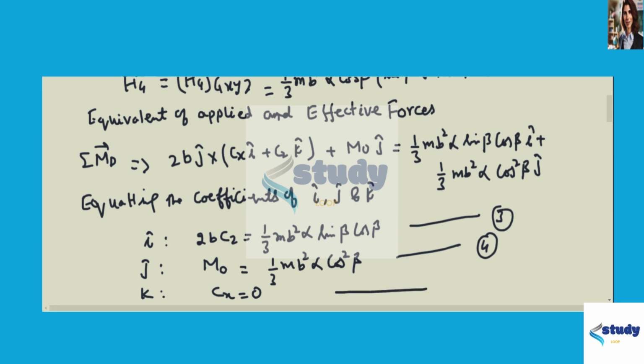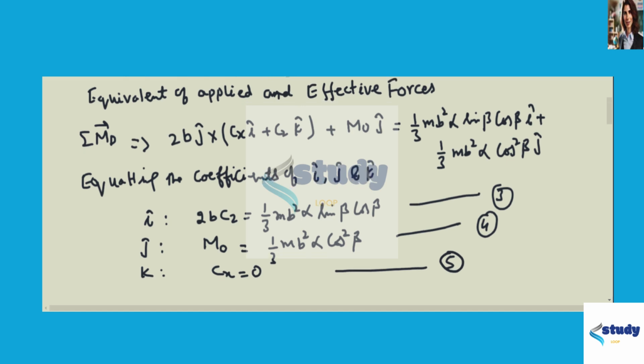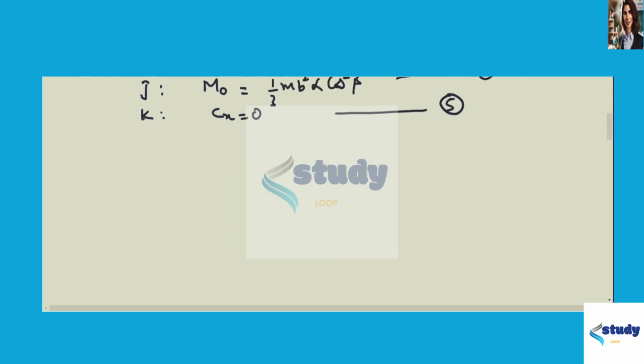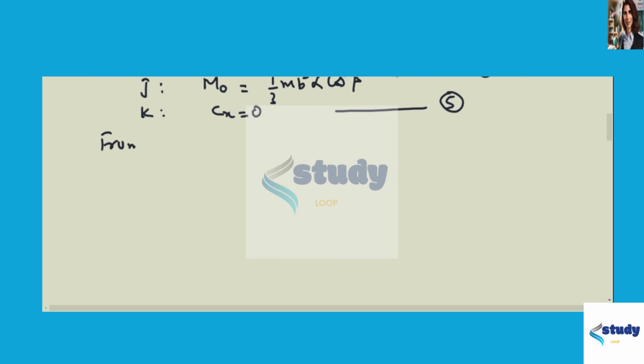This is your fifth equation. From equation 4, we can find angular acceleration. So angular acceleration alpha is 3 M naught upon mb square cos square of beta.